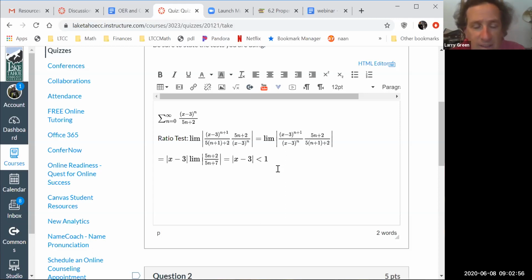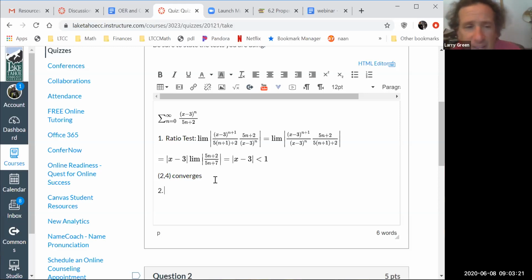So we can say that so far we have 2 to 4 converges, and it converges absolutely, by the way. The ratio test gives you absolute convergence. Any questions so far? In fact, I'm going to write that. That was step 1.